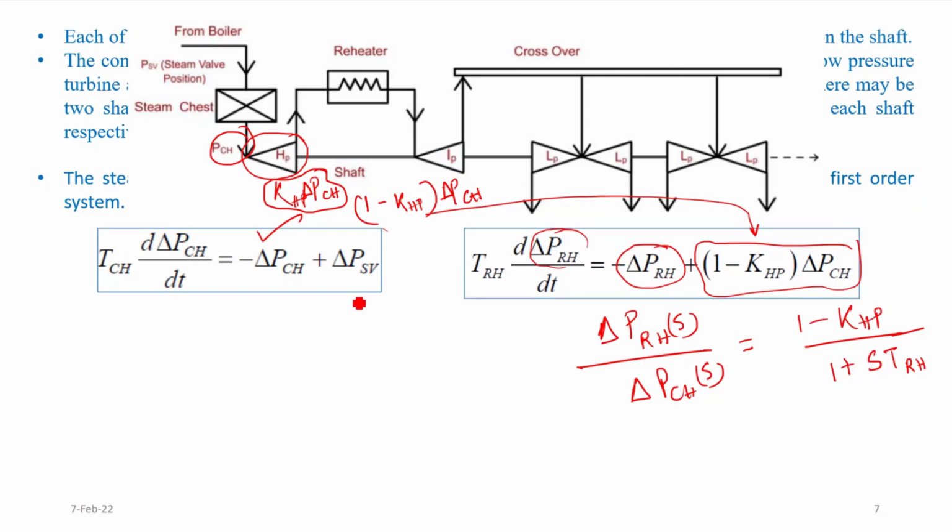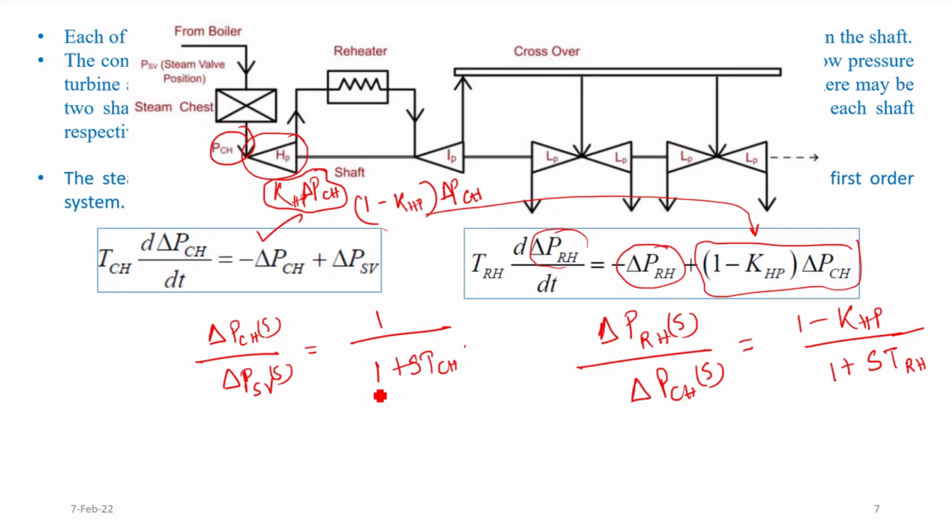Okay, so this will be your transfer function. Similarly for the steam chest, if I write the transfer function, delta P_CH(s) by delta P_VSP(s) will be equal to 1 by (1 + s T_CH).